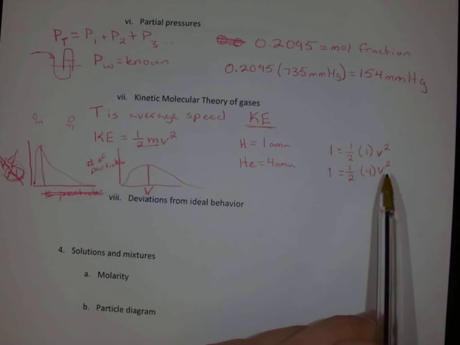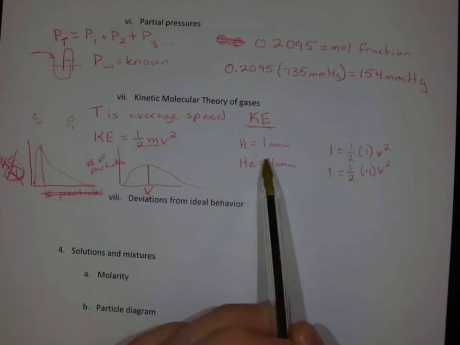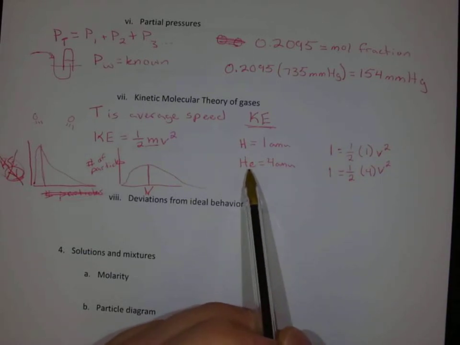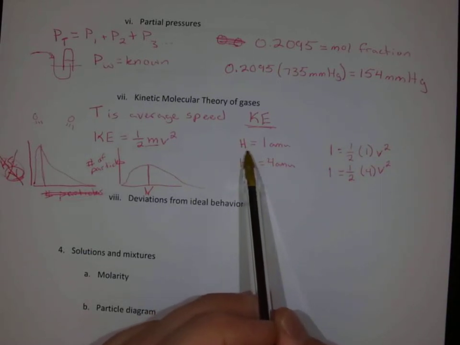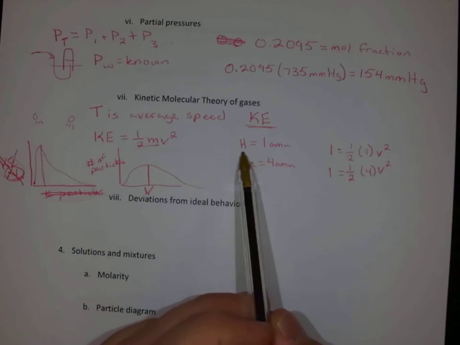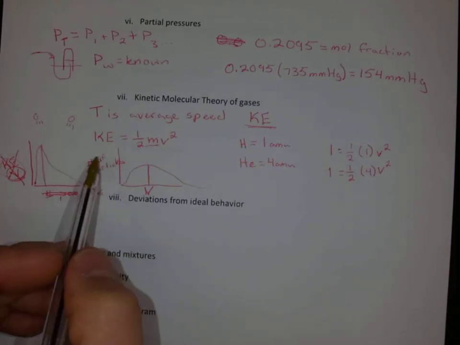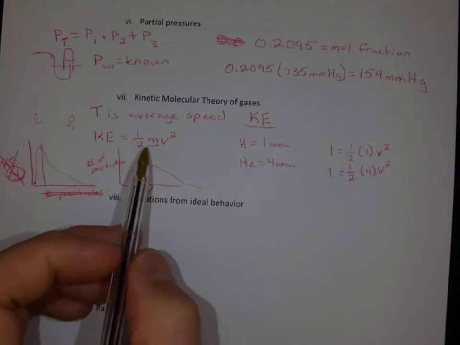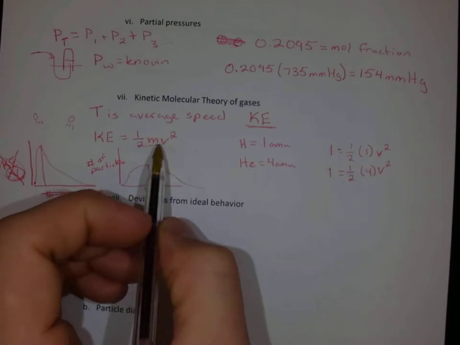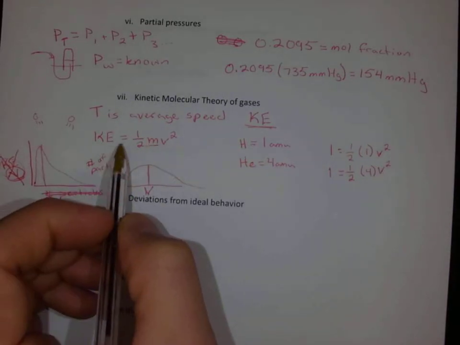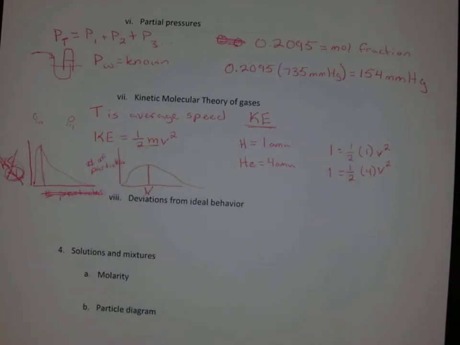So my helium particles are not moving at the same speed as my hydrogen particles. My hydrogen has to be moving much faster to have the same kinetic energy. So if we remember our physics, we have velocity and mass related to our kinetic energy, so we can use this equation to relate our actual speeds.